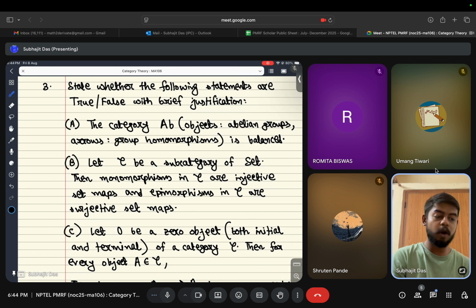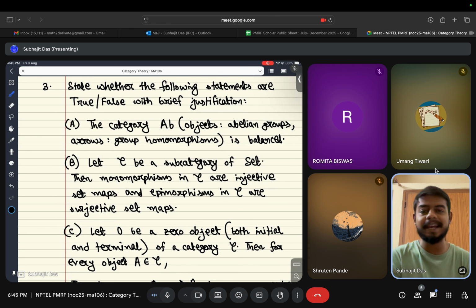But a concrete category is one in which the objects are sets with some structure. So in particular, in a concrete category, an object can be thought of as a set having elements in it, having some internal data in it, right? So category AB is a concrete category.